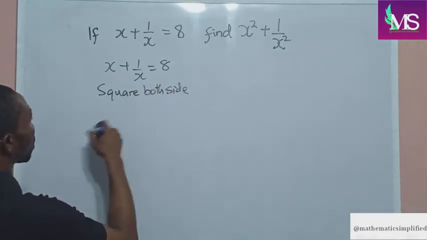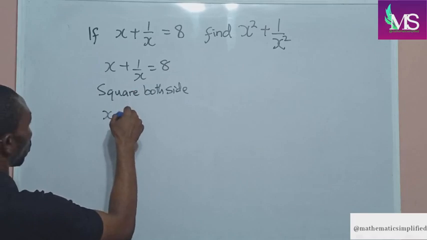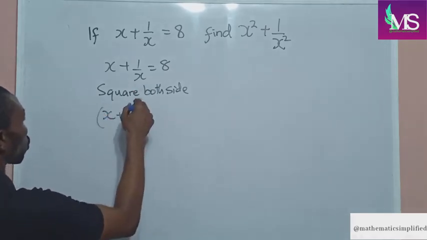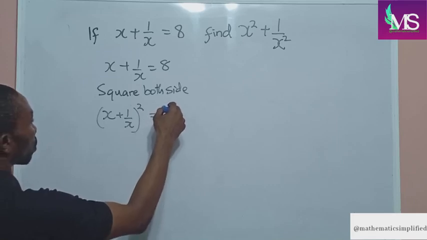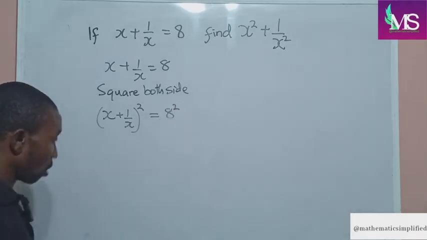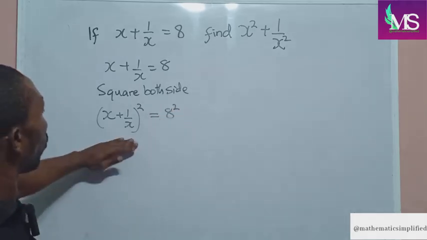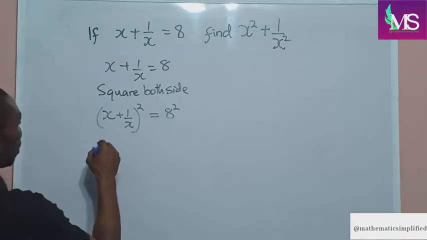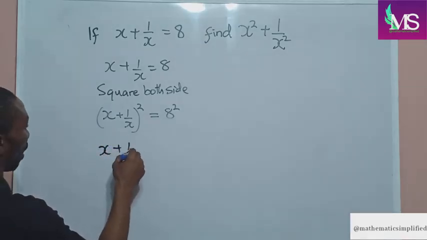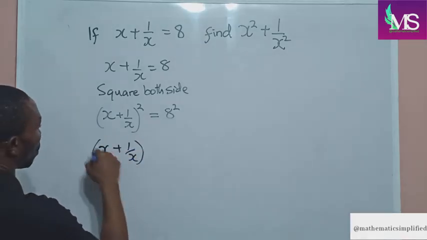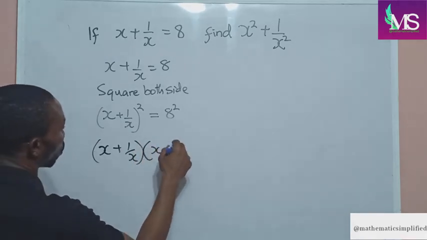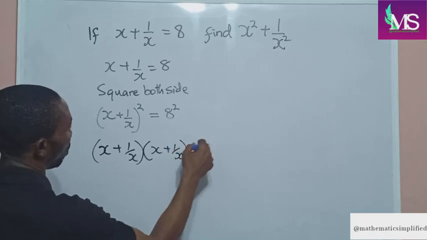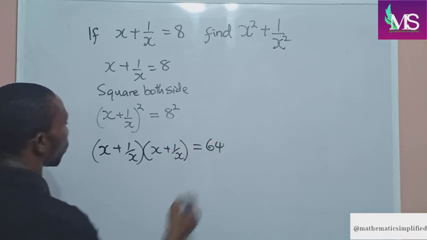So this becomes x plus 1 over x, all squared, equals 8 squared. Now from here we'll open up this bracket. This becomes x plus 1 over x times x plus 1 over x equals 64.